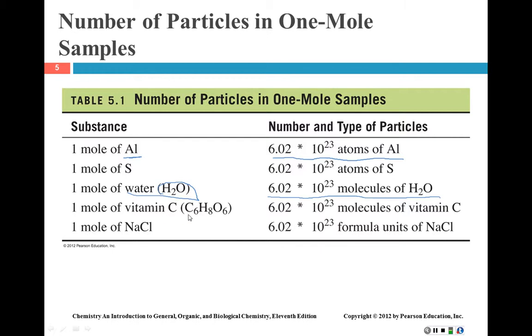Or I could have a mole of vitamin C, or a mole of sodium chloride. If it's a molecule, then I have 6.02 times 10 to the 23rd molecules. If it's an ionic compound, then it's proper to say 6.02 times 10 to the 23rd formula units of sodium chloride.